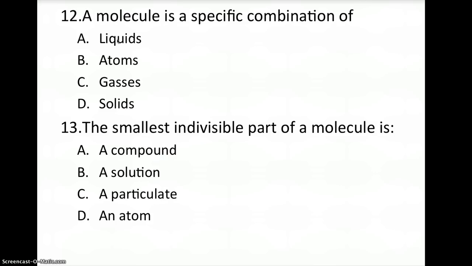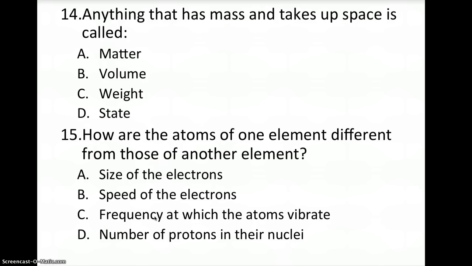Number 13, the smallest indivisible, so can't be broken up, part of a molecule is a compound, a solution, a particulate, or an atom. 14, anything that has mass and takes up space is called A, matter, B, volume, C, weight, or D, state.